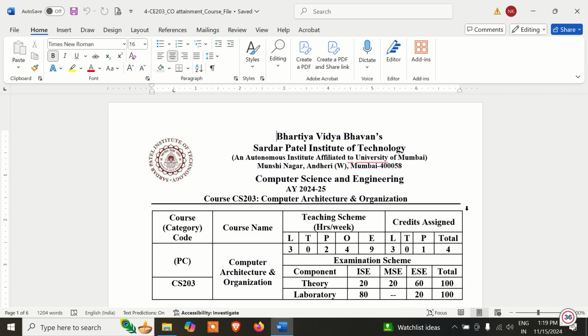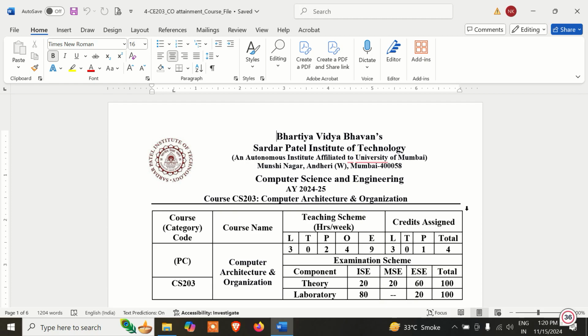However, at the same time, all the program outcomes are not taken care of by the electives or the core subjects.